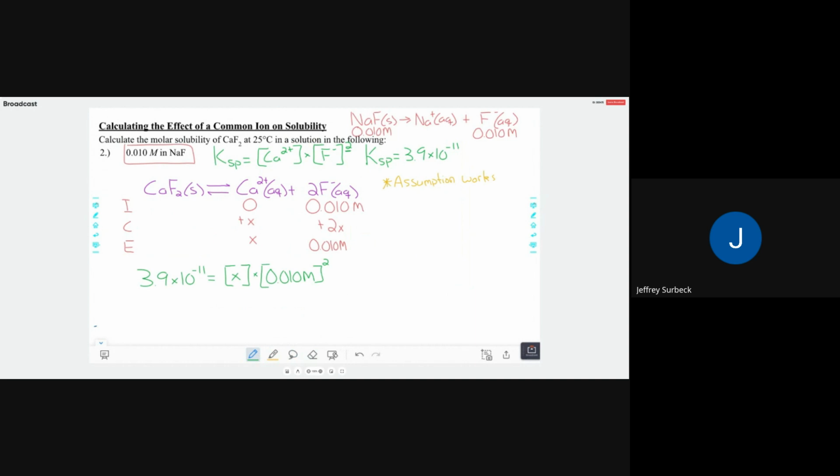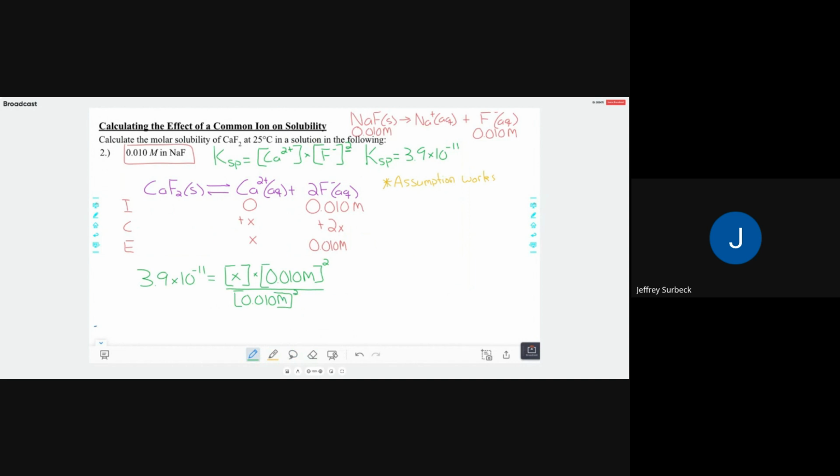So when we do this, what happens is this. We get 3.9 times 10 to the negative 11th, and we are going to divide this by 0.010 squared. So on each side, I'm going to divide it by 0.010 squared, and we will see what we get here.